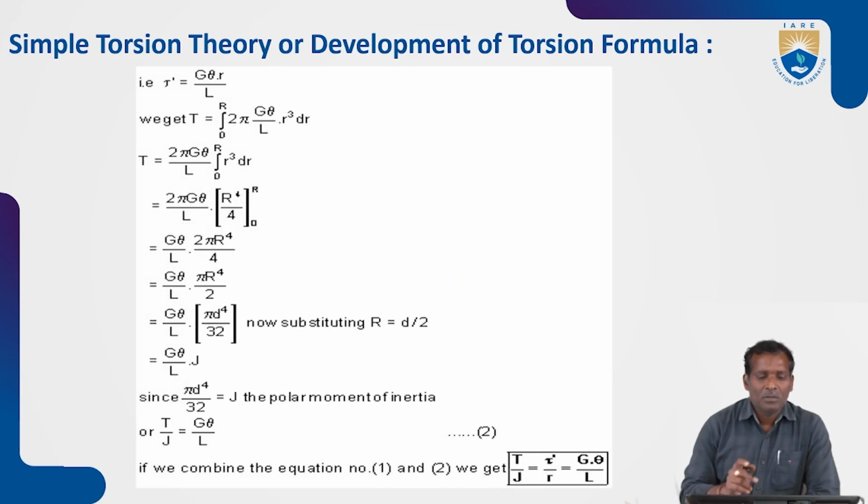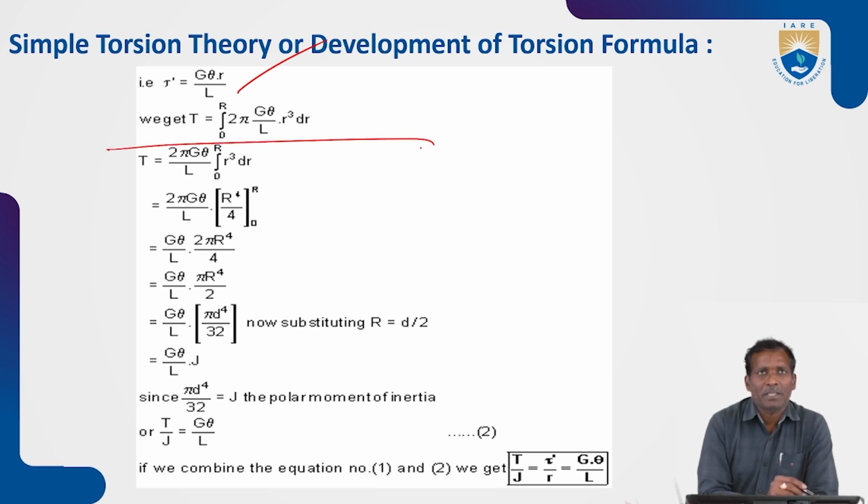So now tau dash is equal to G theta by L times r. We get the integral from 0 to r, 2 pi into G theta by L into r cube.